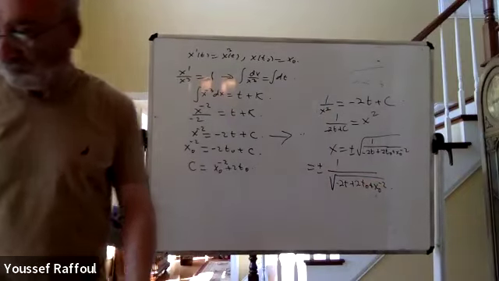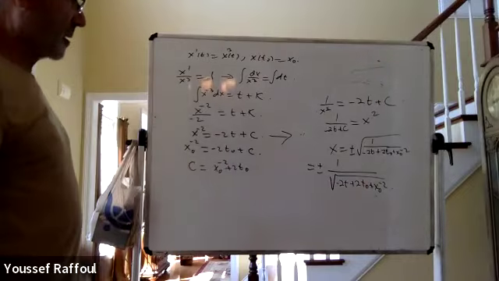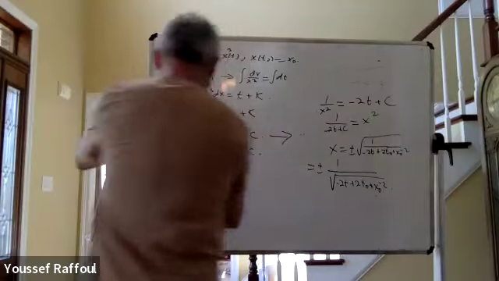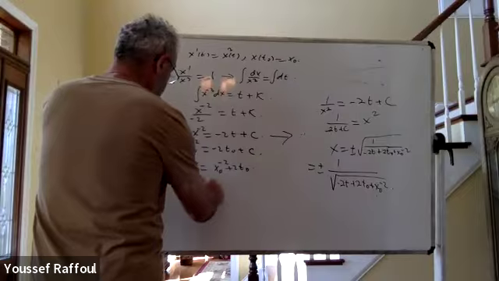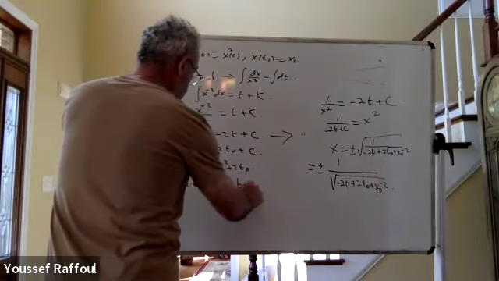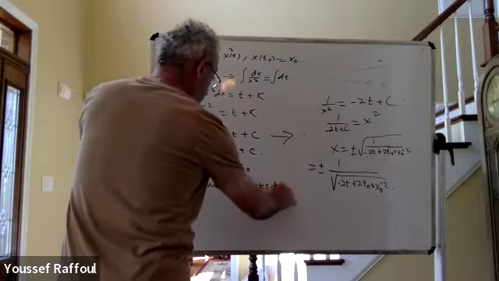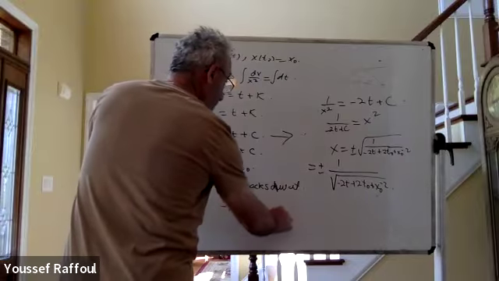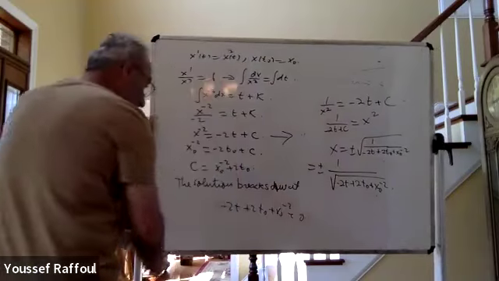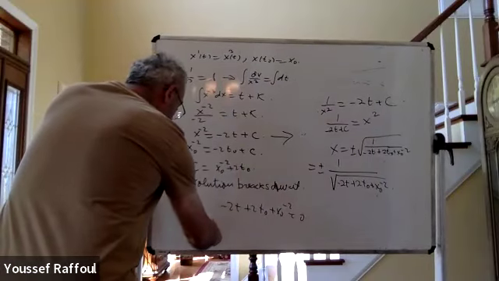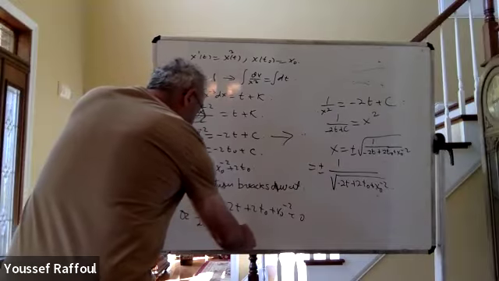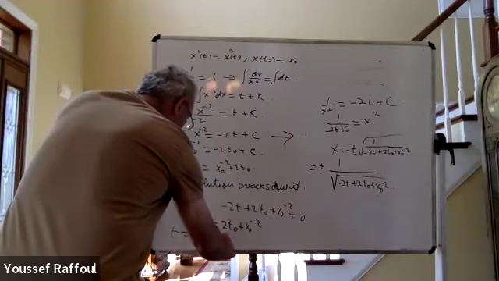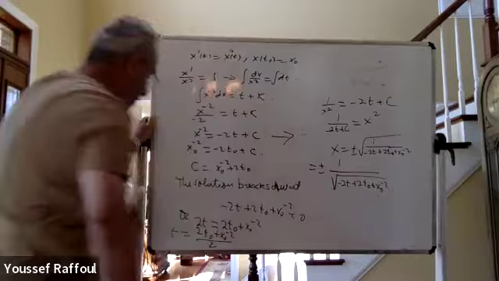All right? So here, even though we have a unique solution, the solution breaks down at minus 2t plus 2t naught plus x0 to the minus 2 equals 0, or 2t equal to 2t naught plus x0 to the minus 2, or t is 2t naught plus x0 to the minus 2, over 2.